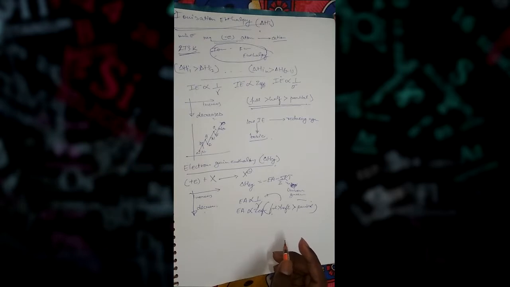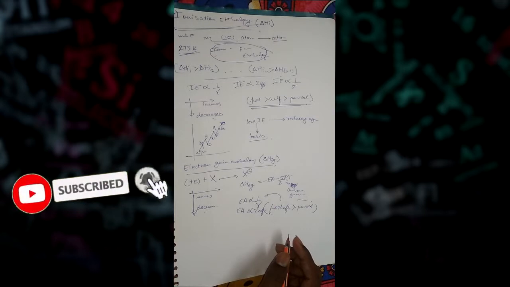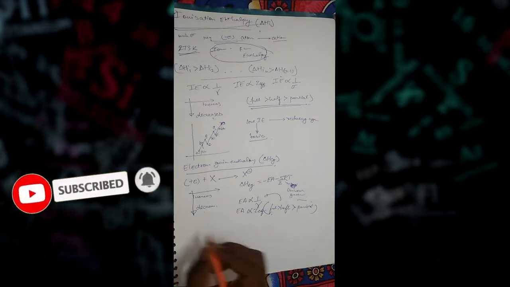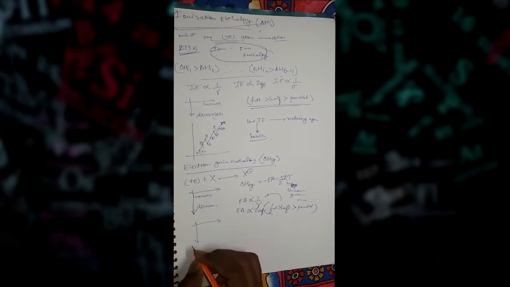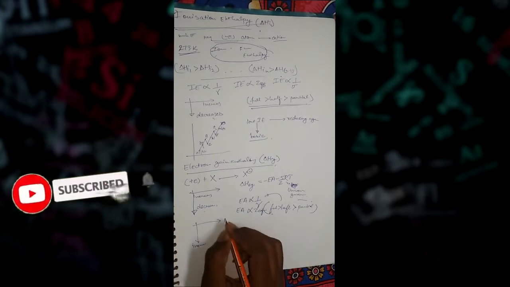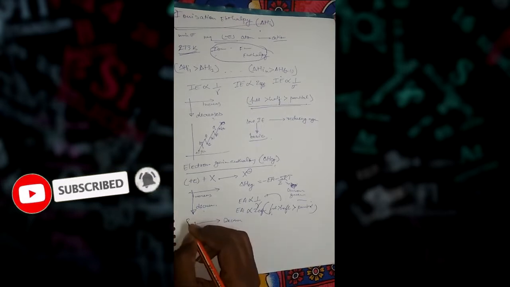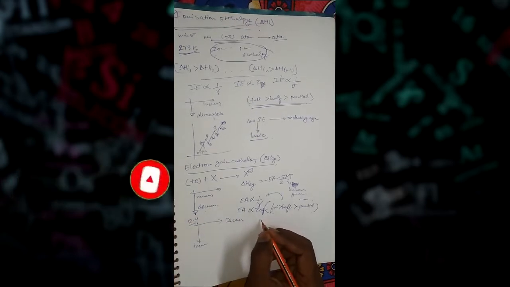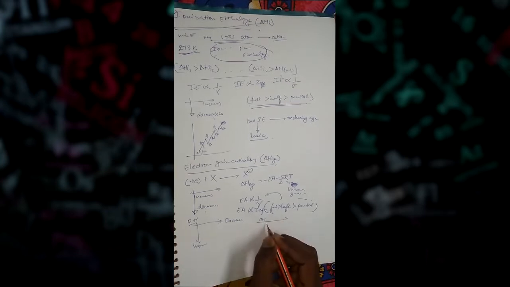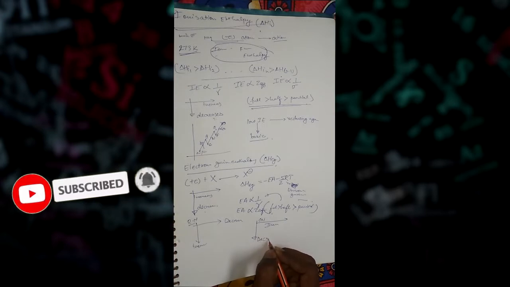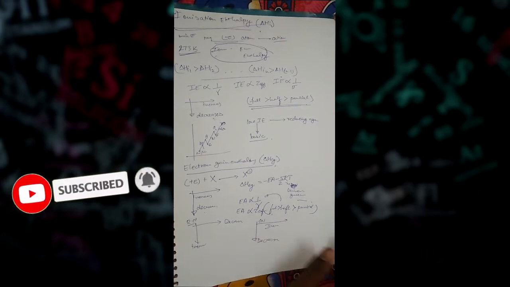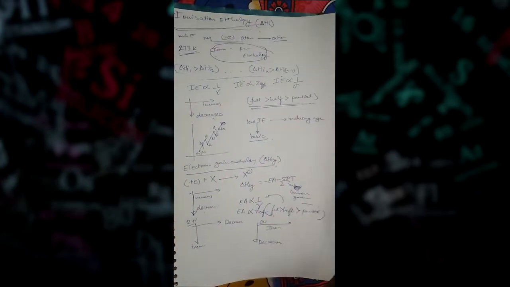Now some relation between reducing nature and oxidizing nature. Down the group reducing nature increases, and along the period it decreases. And oxidizing nature, along the period it increases and down the group it decreases. So this much information is enough for solving any question of electron gain enthalpy.